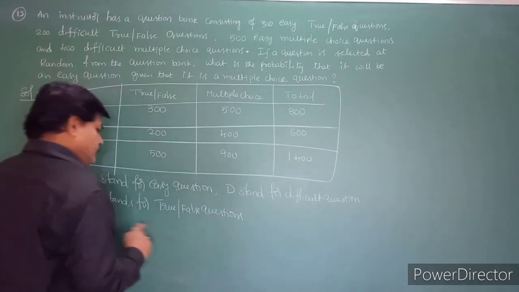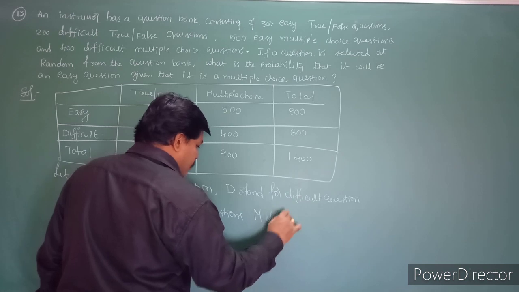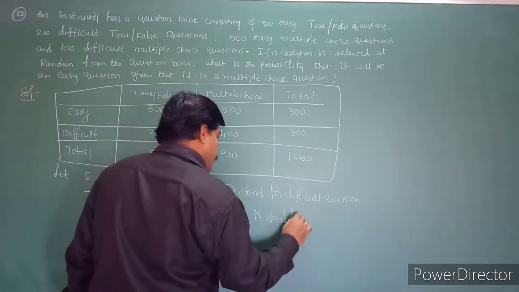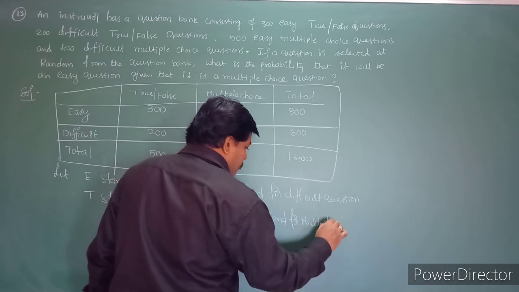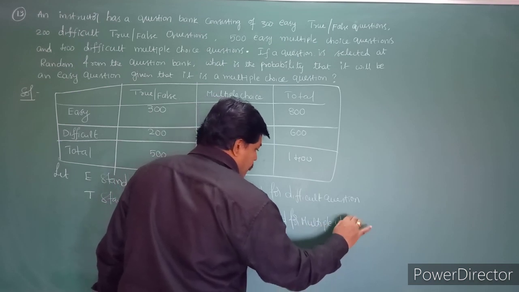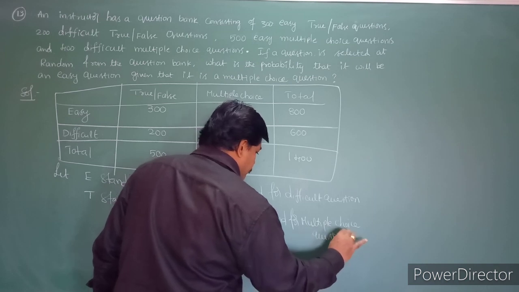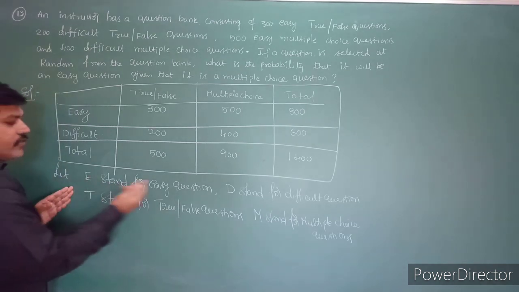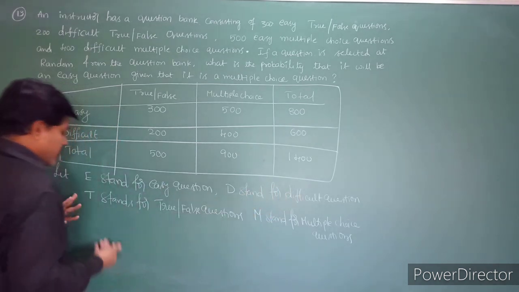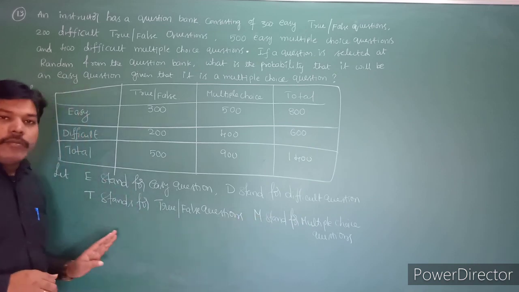First, what we are taking is that E stands for easy questions, D stands for difficult questions, T stands for true or false type questions, and M stands for multiple choice questions.